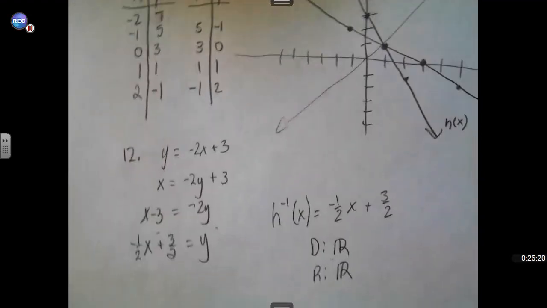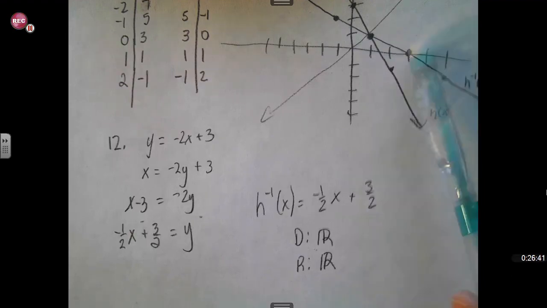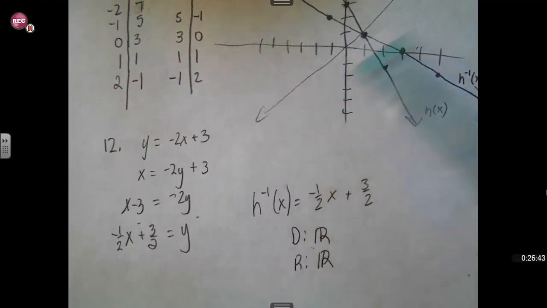Nothing earth-shattering there. It's a little more interesting when we're finding the inverse of a parabola. Kept it easy. It's a line, so I'm hopeful for some really good grades on this test. Okay, so there we are.